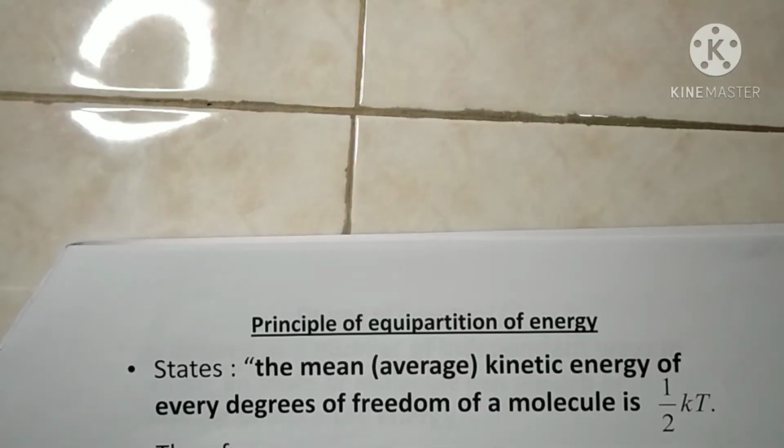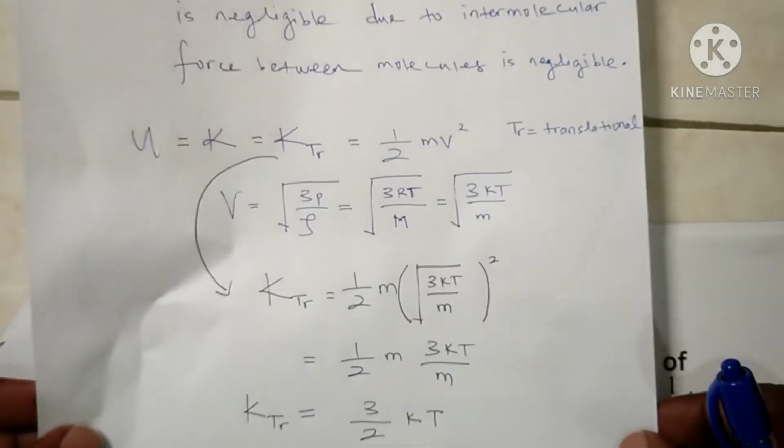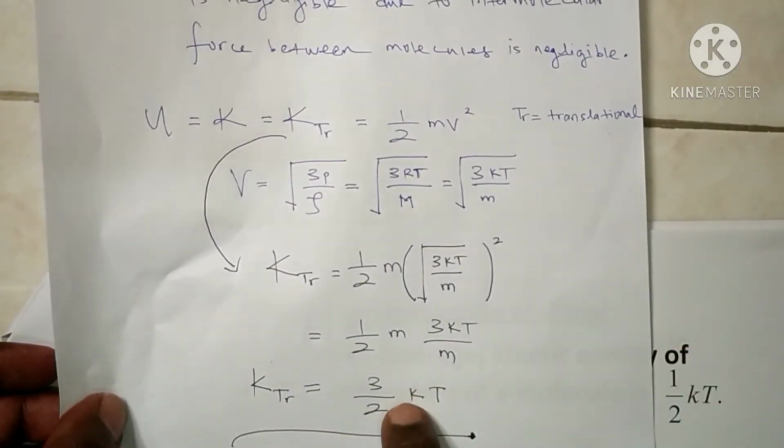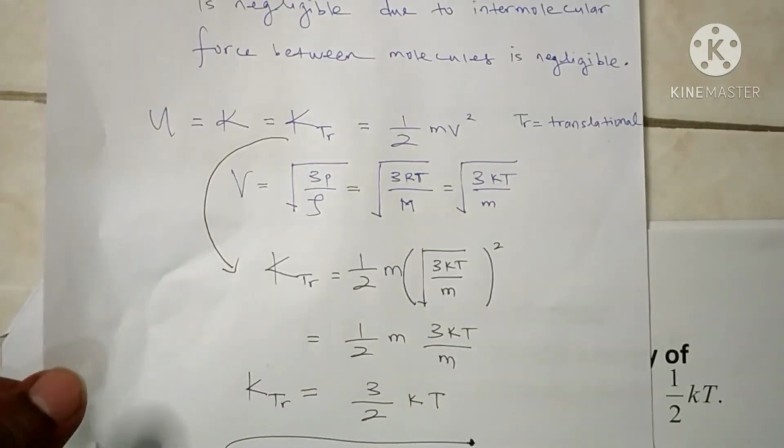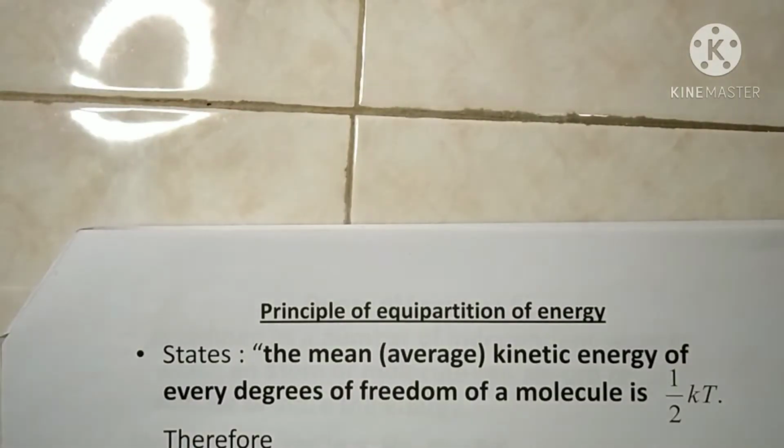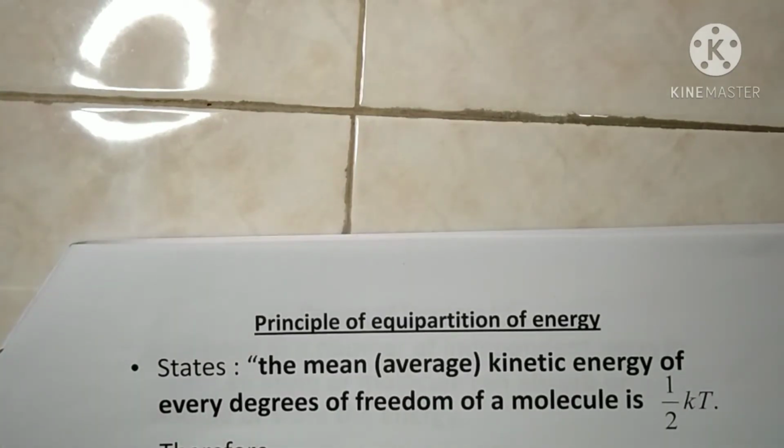Once we know that the translational kinetic energy is 3 over 2 kT, now we can state the principle of equipartition of energy. It states that the mean or average kinetic energy of every degree of freedom of a molecule is half kT.